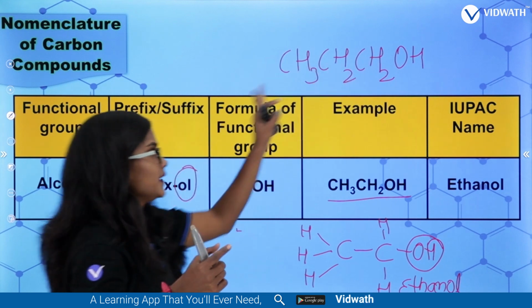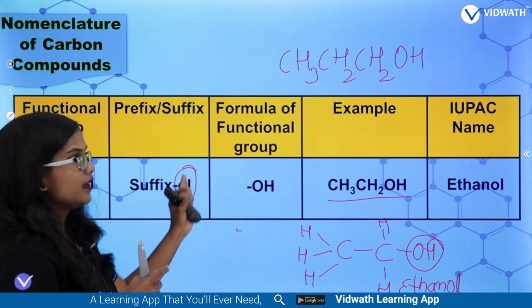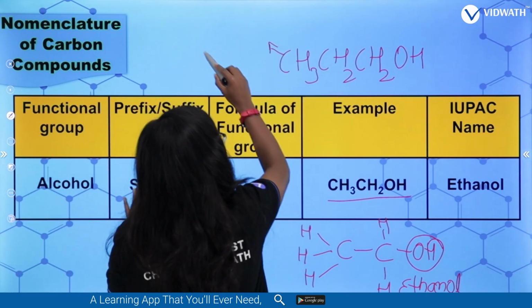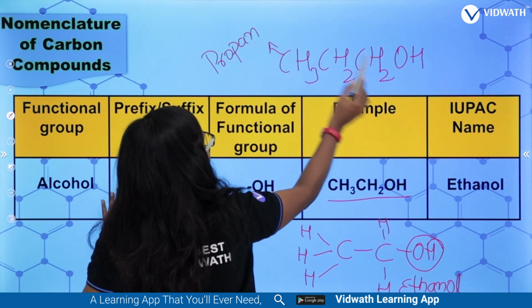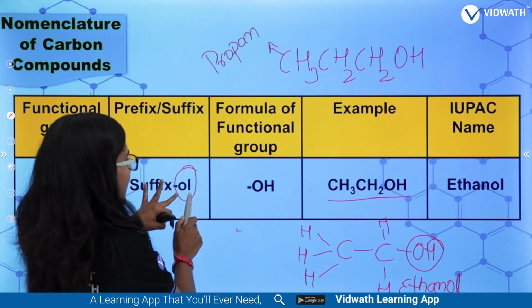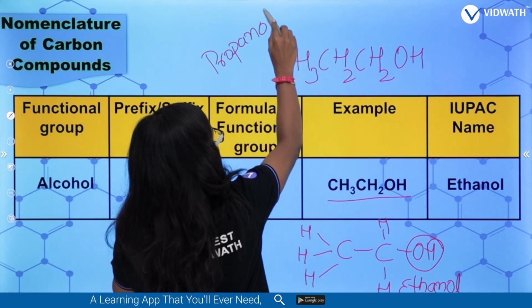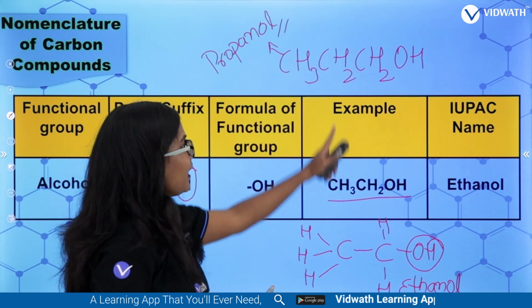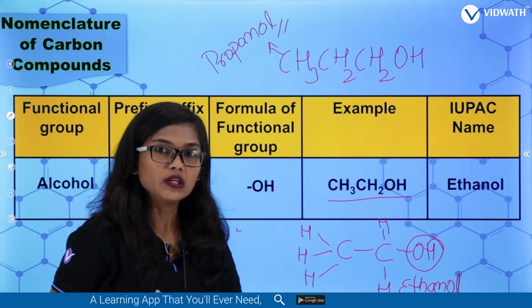So OH is used as a suffix and OH is nothing but "ol". So this will be propanol. As we have the functional group OH, alcohol, which we use as a suffix, we call it propanol. Clear everyone? So that's about the hydrocarbon compound containing the functional group OH, alcohol.